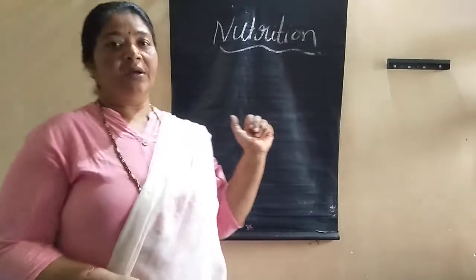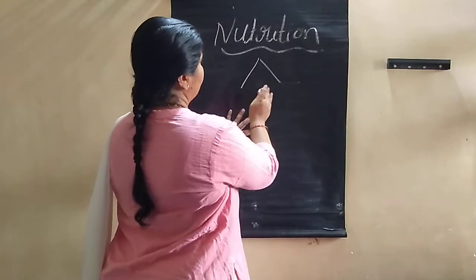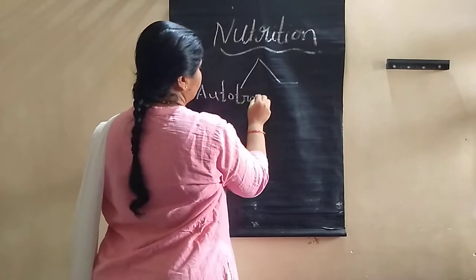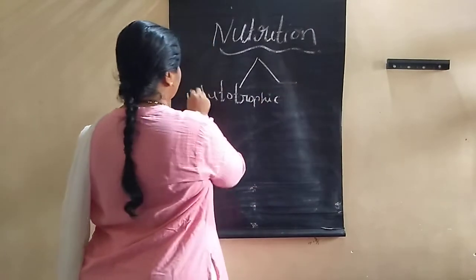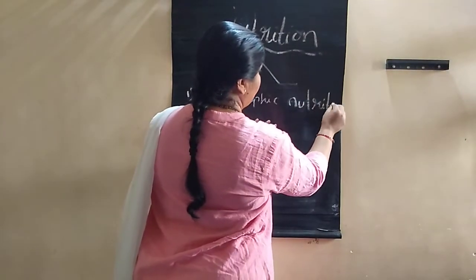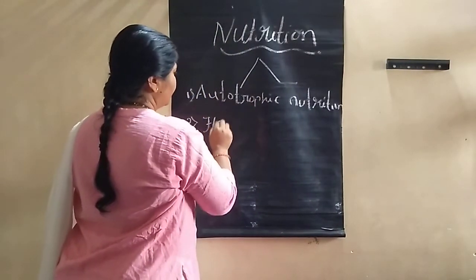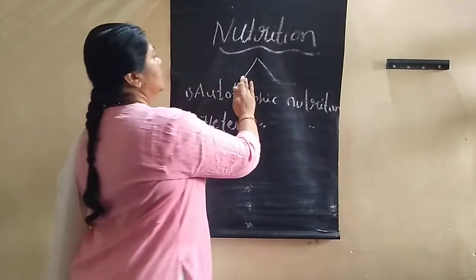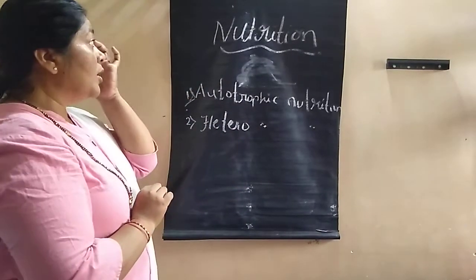Again, nutrition has two types: autotrophic nutrition and, second, heterotrophic nutrition. Here, the first one is autotrophic nutrition. We call it a mode of nutrition.